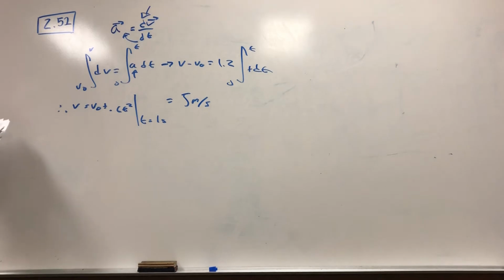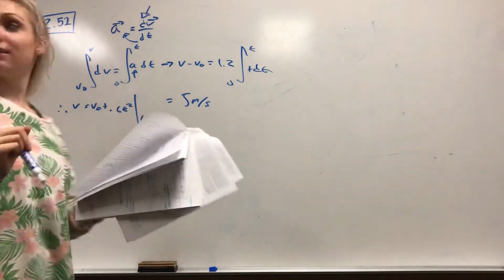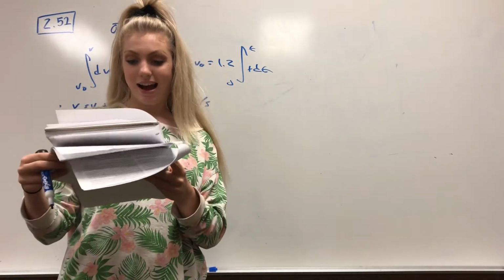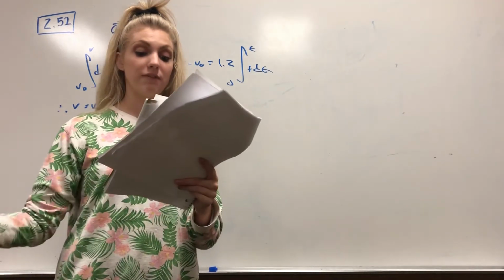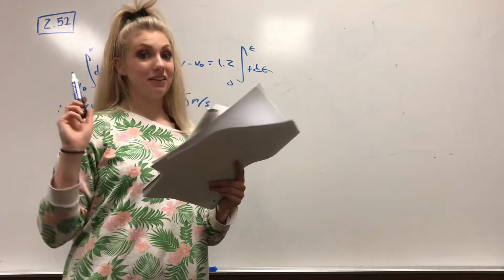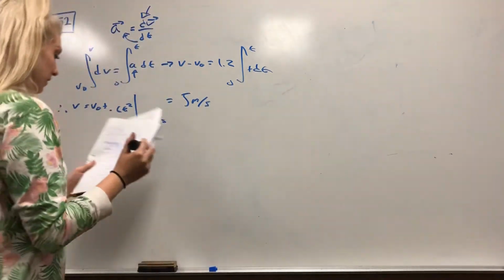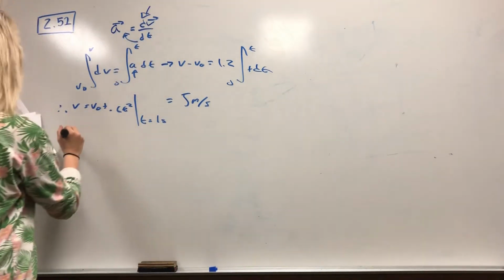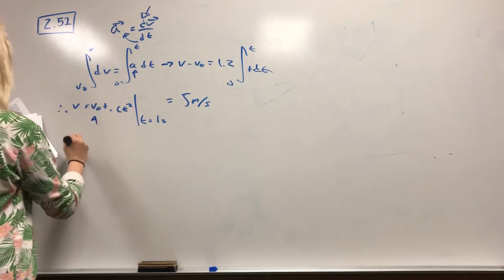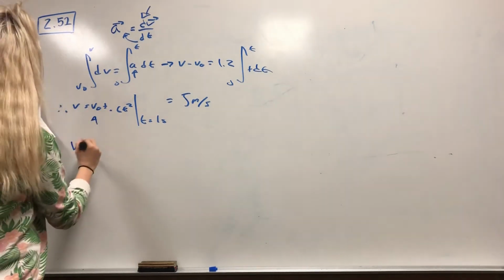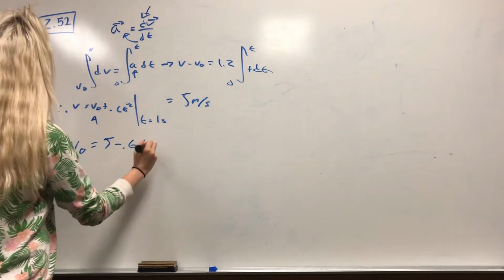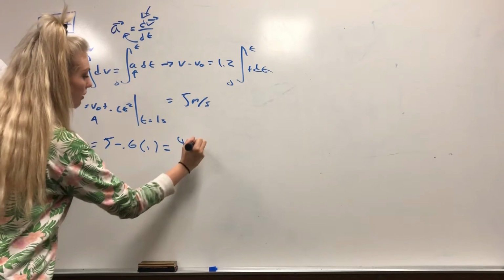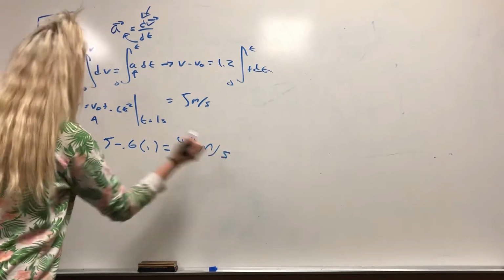Awesome. So we have that, and now we can plug that in to get some more numbers that we can plug into a final equation to get the final answer. I manipulate this equation to get v naught, and I have that v naught is equal to 5 minus 0.6 times 1, which equals 4.4 meters per second.